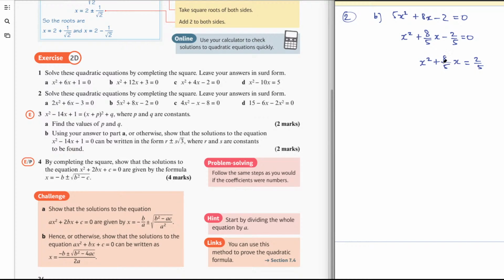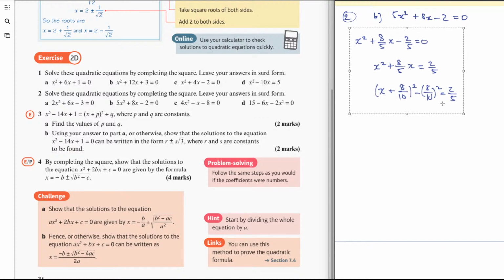So half of 8 on 5 is 8 on 10. So completing the square on this will be x plus 8 on 10 all squared, take 8 on 10 all squared, equals 2 on 5. Then we have x plus 8 on 10 all squared.